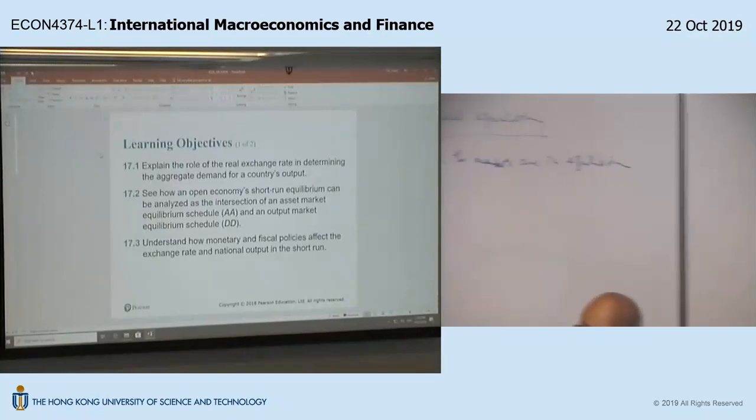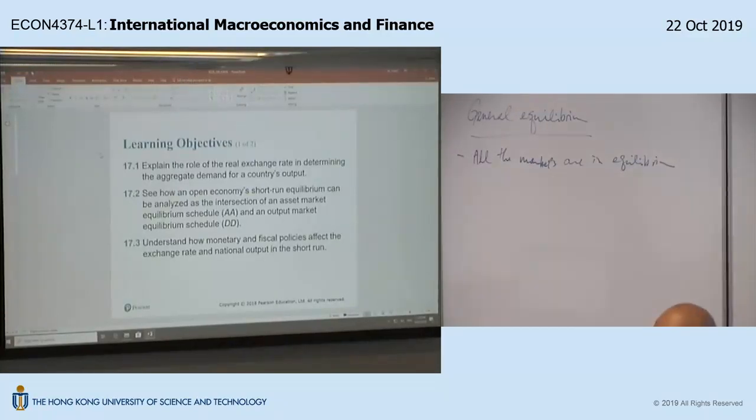We have actually talked about many markets in the past, right? Can you tell me what markets we have talked about? We talked about equilibrium in what sort of markets in the last chapters? Foreign exchange market, okay.